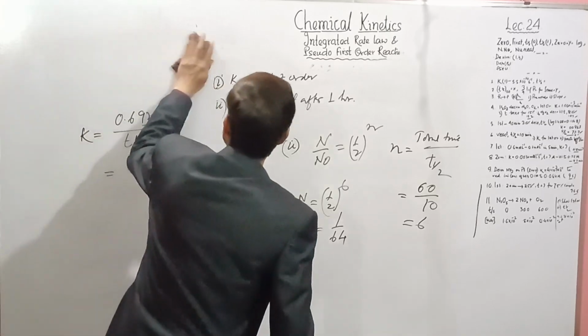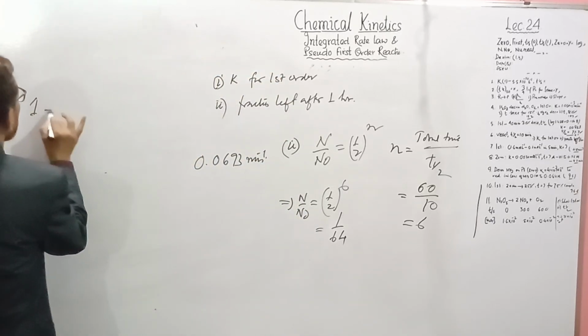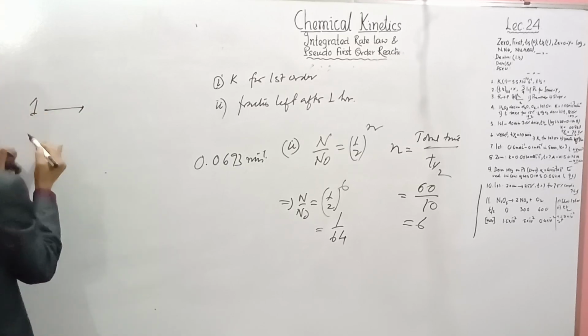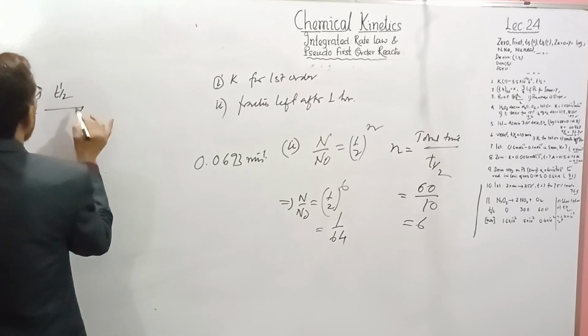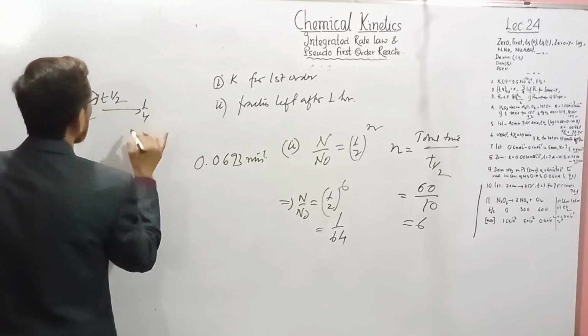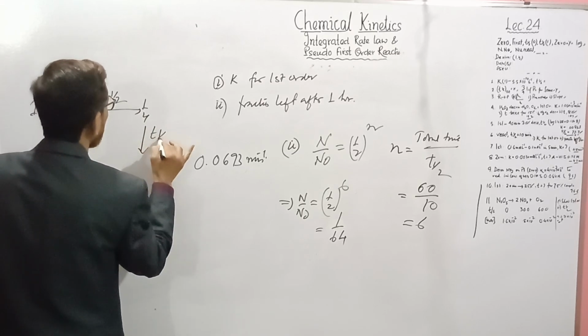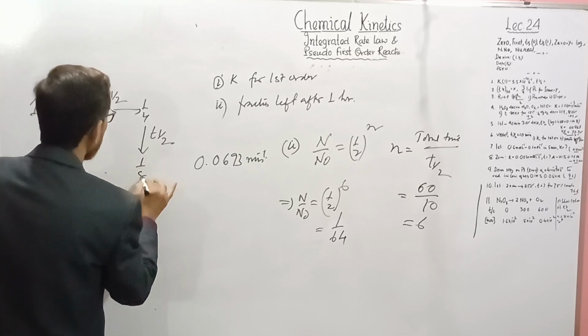Again, if you are confused, if you can't understand, say from one reactant, one amount, for the first t half you are getting half. For the second t half, you are getting 1/4. For the third t half, you are getting 1/8.